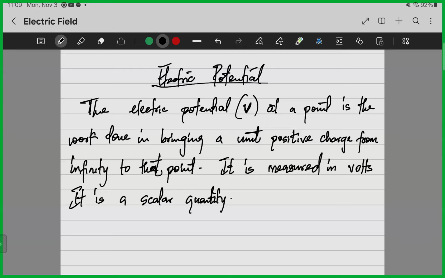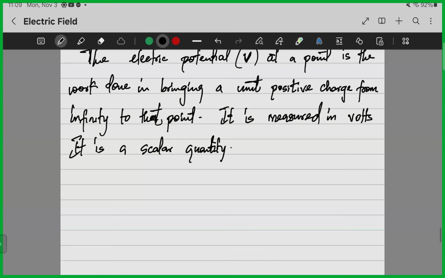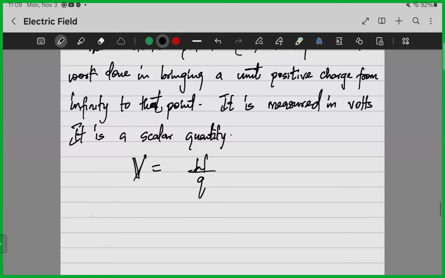So now let's do it this way. Electric potential, let me write it like this. V equal to work done over Q, and we say it's measured in volt. So V equal to W over Q, where V is electric potential in volt. Take note of this formula.